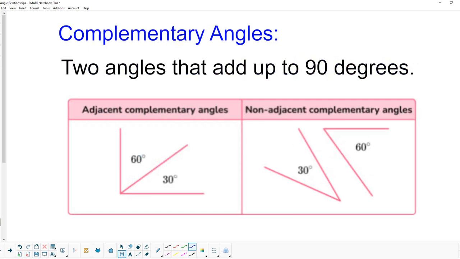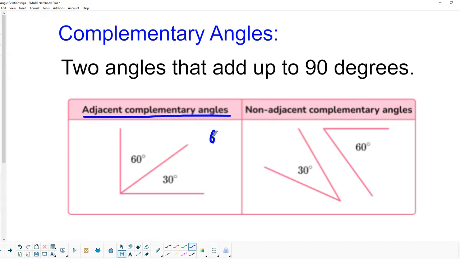So another definition we want to give you is complementary angles. These are two adjacent angles most of the time, but they don't have to be adjacent. But anyhow, two adjacent complementary angles are two angles that are next to each other like this that add up to 90 degrees.